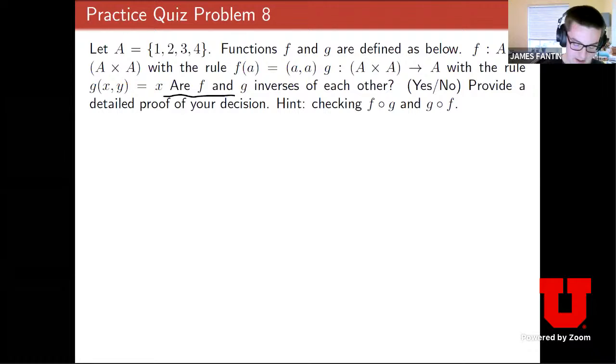I guess actually it's a little bit hard to see whether they are inverses, so let's try to prove both of these.